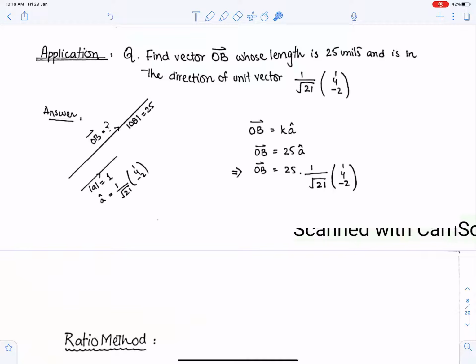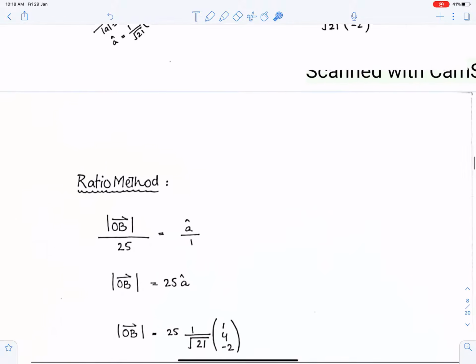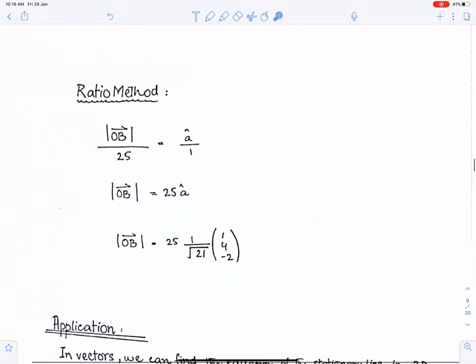You have two methods of finding this vector. Number one, you can say that OB is 25 times the unit vector A. And this is the answer, vector OB. The other method is the ratio method, and this is the easiest method.